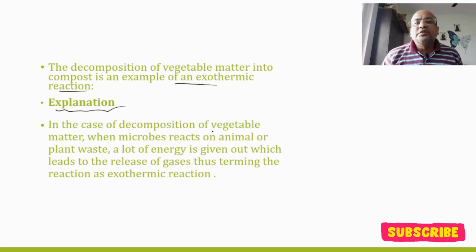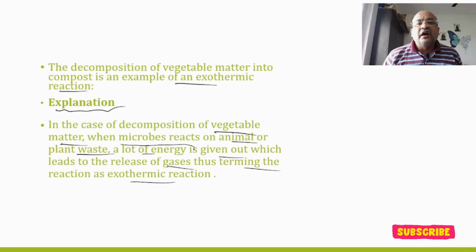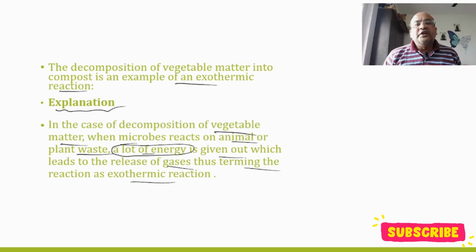In the case of decomposition of vegetable matter, when microbes react on animal or plant waste, or the food material, a lot of energy is given out, which leads to the release of gases, thus terming the reaction as exothermic. So a lot of energy is given out during this process when these microbes react on the animal or plant waste or the food material waste. So we need to remember this.